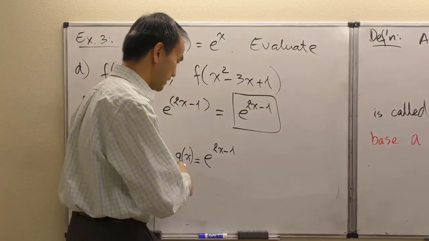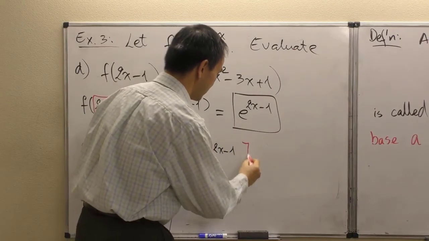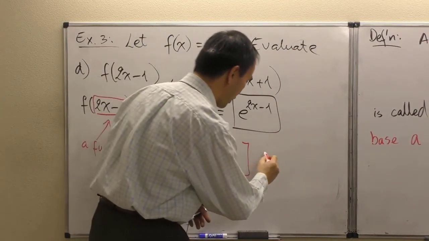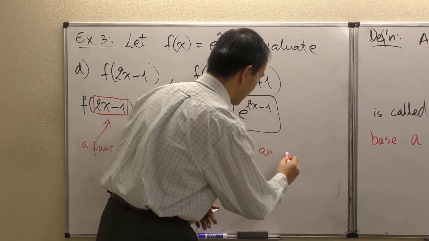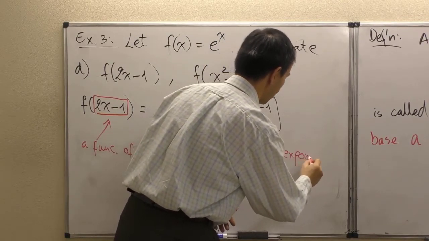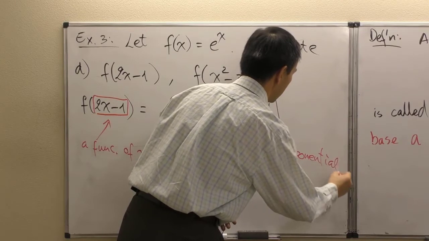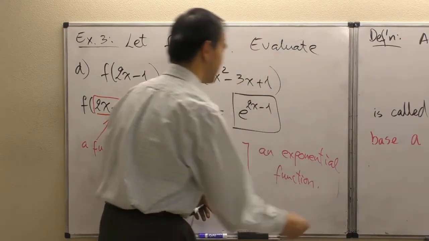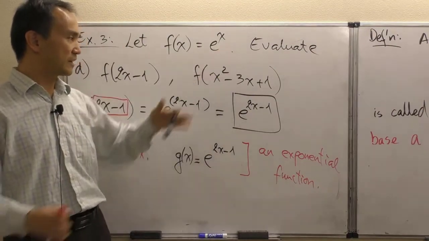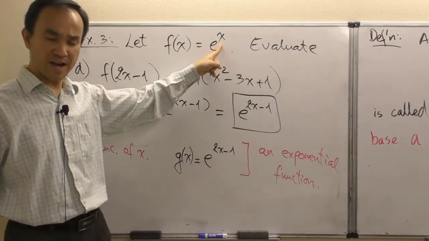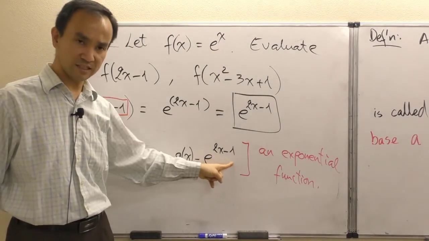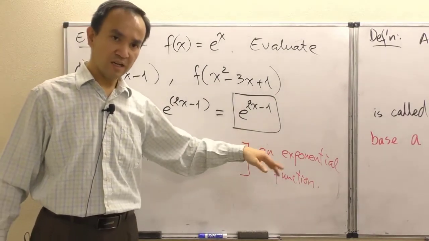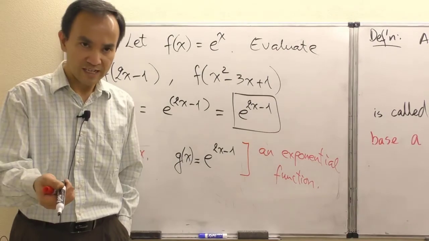Soon enough you will learn that, as a conclusion, this function is also an exponential function. Even though it looks quite different, here we only have one simple x, but here it's some other function of x. And this one would eventually be an exponential function if we classify it.